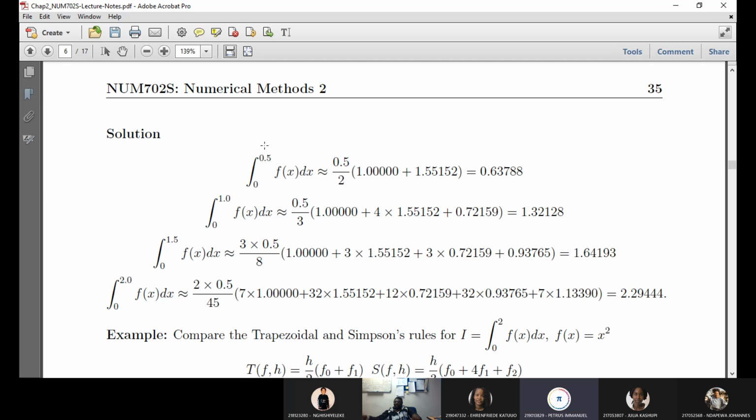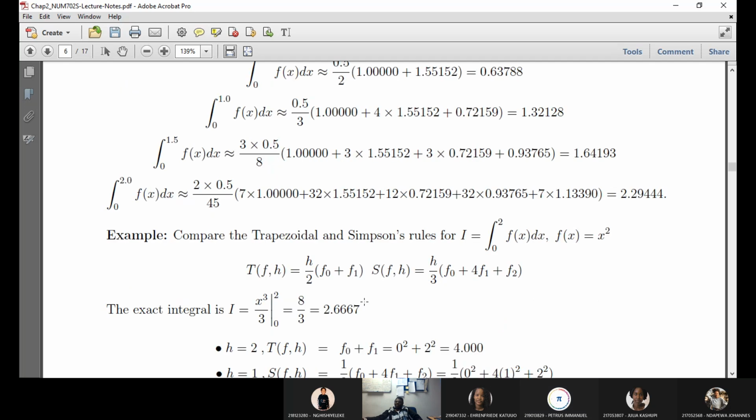But for now, let us look at the example. Here we want to use the trapezoidal rule and the Simpson rule to compute the same integral, and you see that now we fix the limit of integration from 0 to 2.